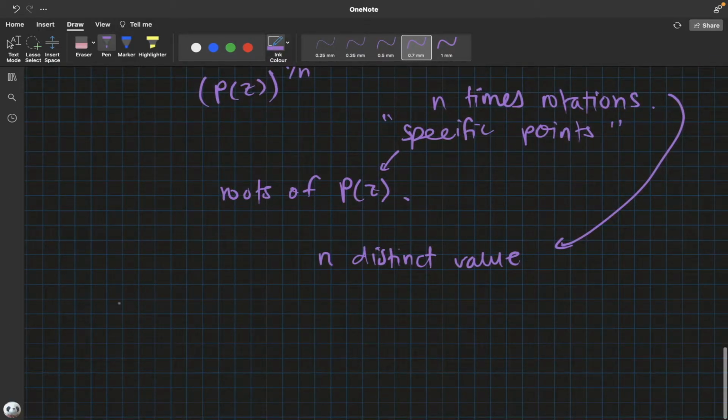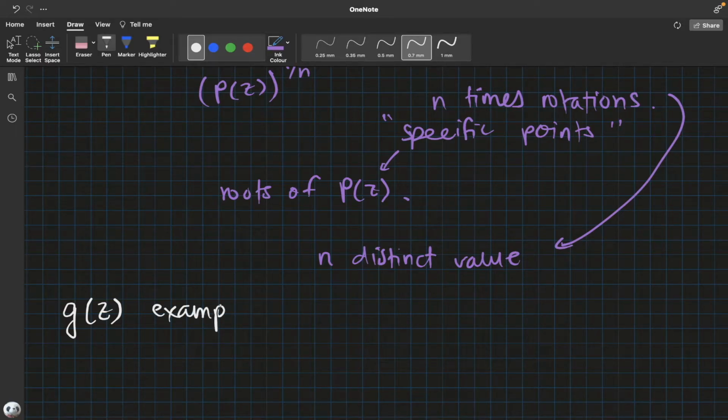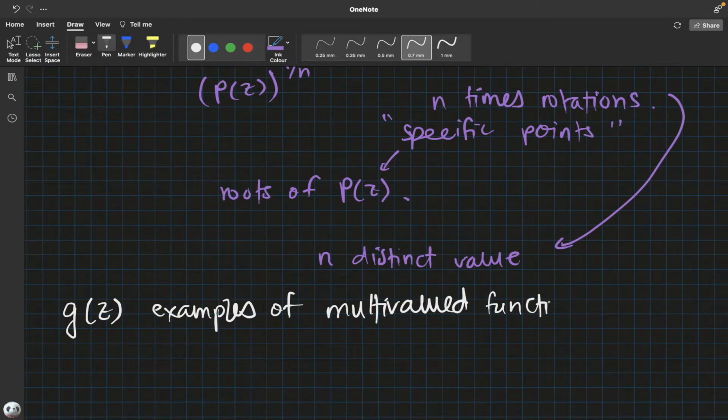So again, now it's time to really define things properly. The functions g of z in both cases are examples of multivalued functions. F of z in the first example, the z squared, is a single valued function.